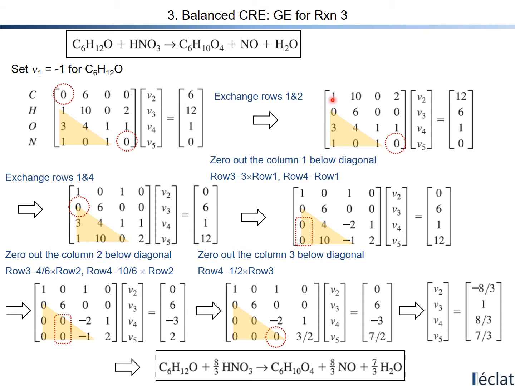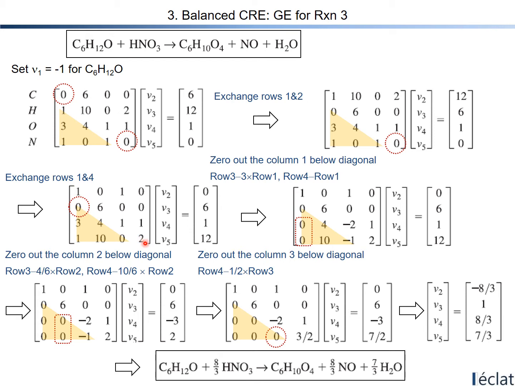So right now I remove this 0. So right now I have 1. Then it's time to remove 0, this one. After exchanging rows 1 and 4, this is going to the first row, and this is going to the fourth row. So right now we don't have any zeros on the diagonal.